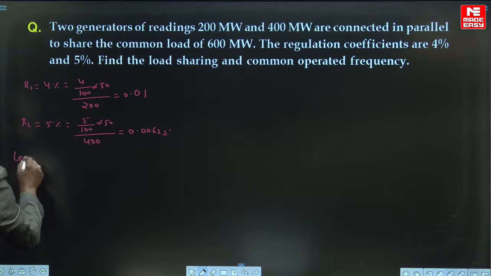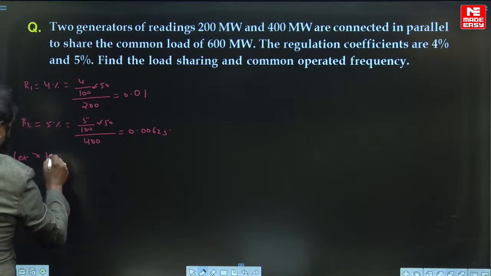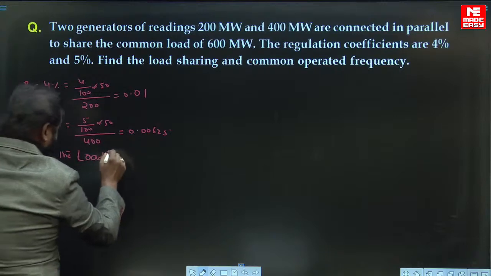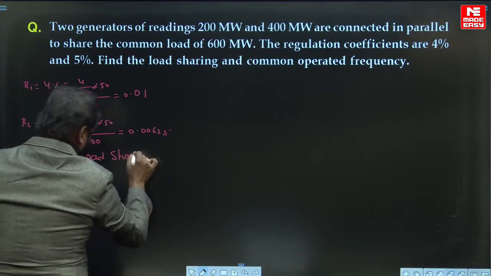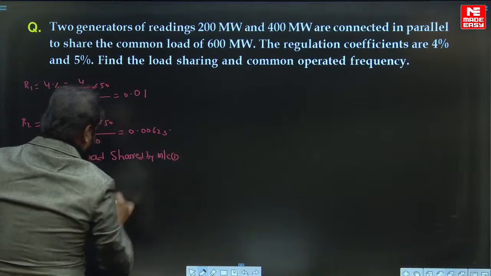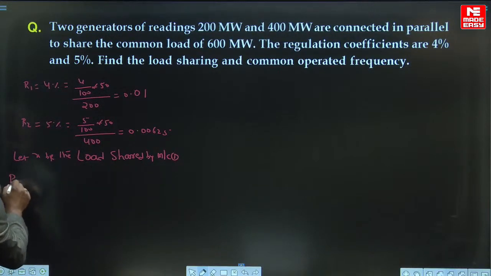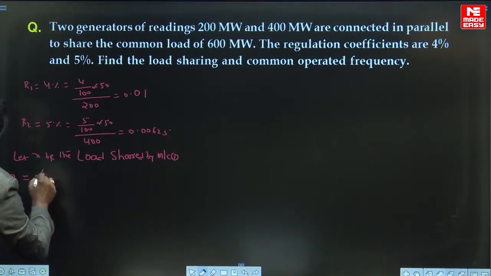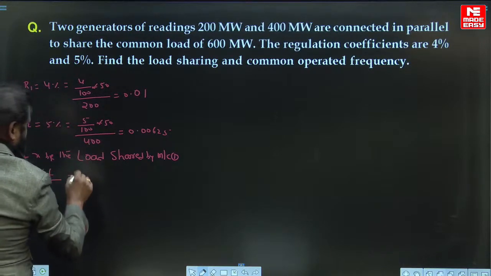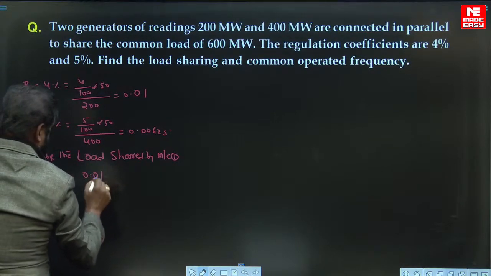Let x be the load shared by machine 1. Then R1 equals del F by x, that equals 0.01.